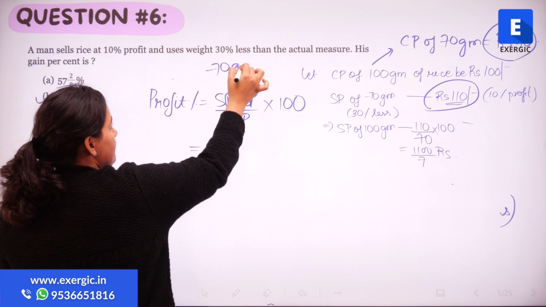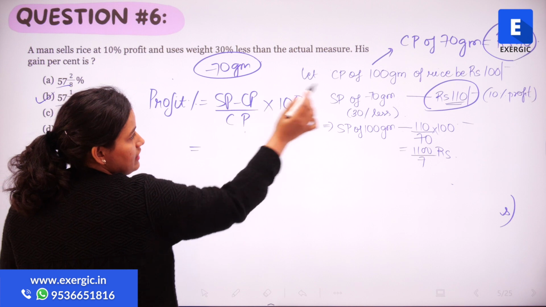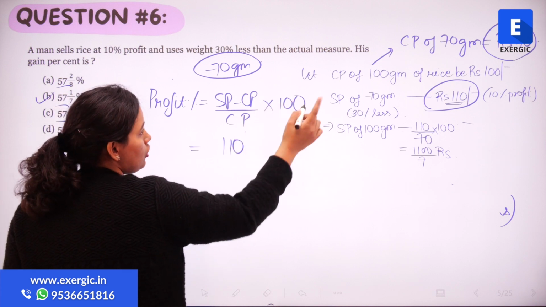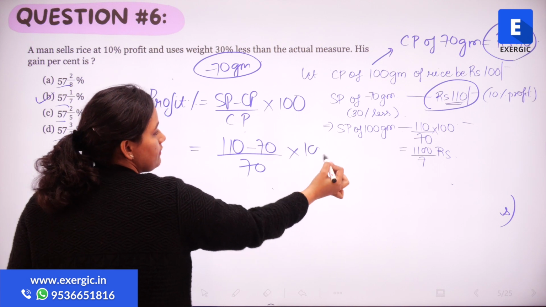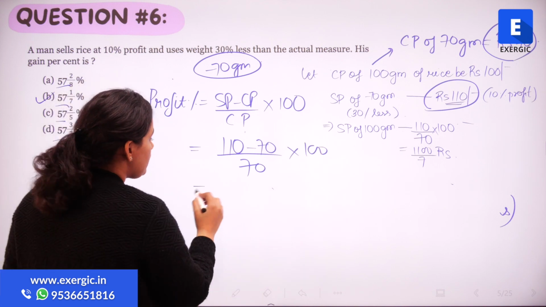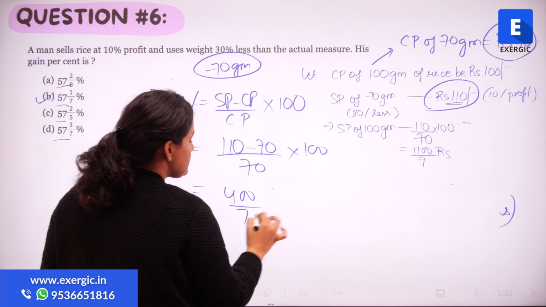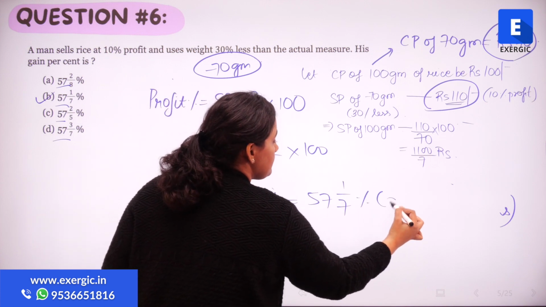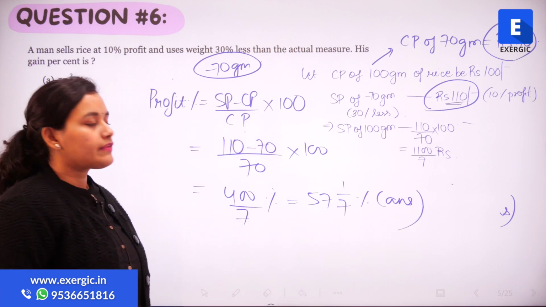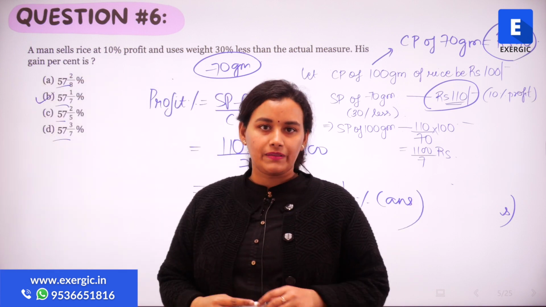Here we are working with 70 grams. Selling price of 70 grams is 110. The cost price is rupees 70 divided by 70 into 100. That's it. So this would have directly given you 400 upon 7%, which is going to be 57 1 by 7%. Either of the ways you could have gone ahead with.